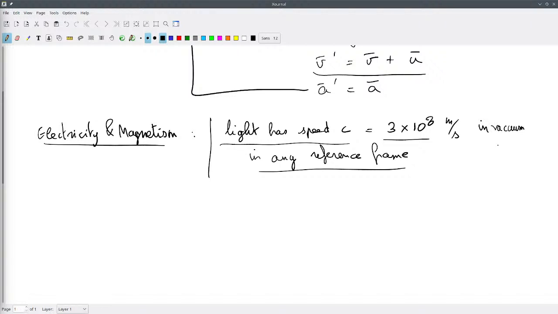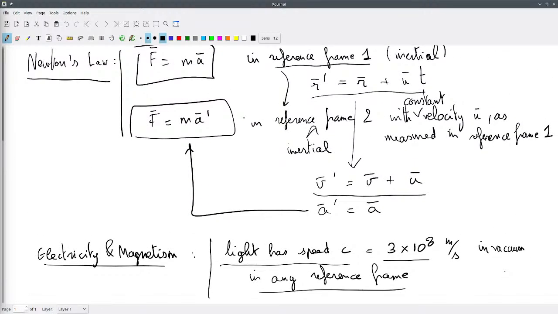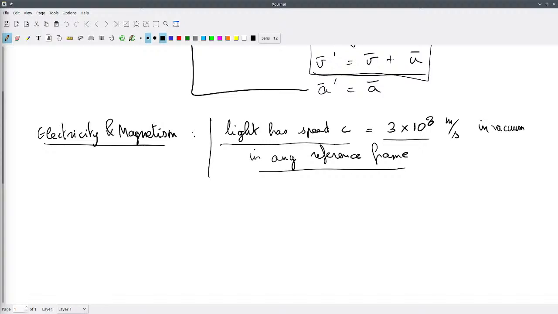Now, the way around this is to essentially throw one of these things out, and the insight of Einstein was to figure out which of those things to throw out. So instead of, in the case of Newton's law, saying this is how I transform from one coordinate system to another, so that gives me that the velocity has to change like this, and therefore the physical laws are applicable in all inertial reference frames, Einstein turned this around, and Einstein introduced two postulates.